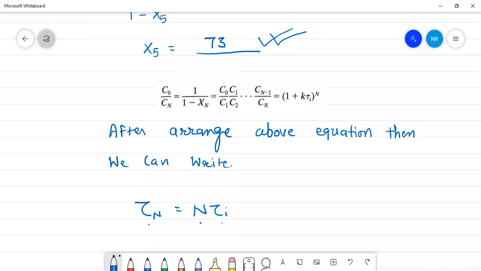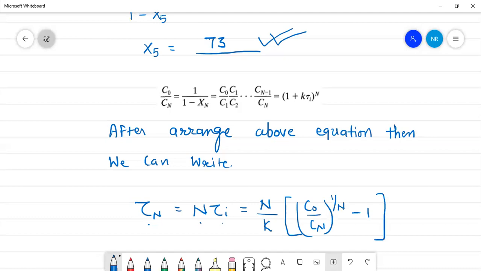We can write this as n multiplied by k tau i is equal to C0 divided by Cn raised to 1 divided by n, minus 1. We can rearrange these equations like this also. Ultimately tau n is equal to this, if we rearrange this one.